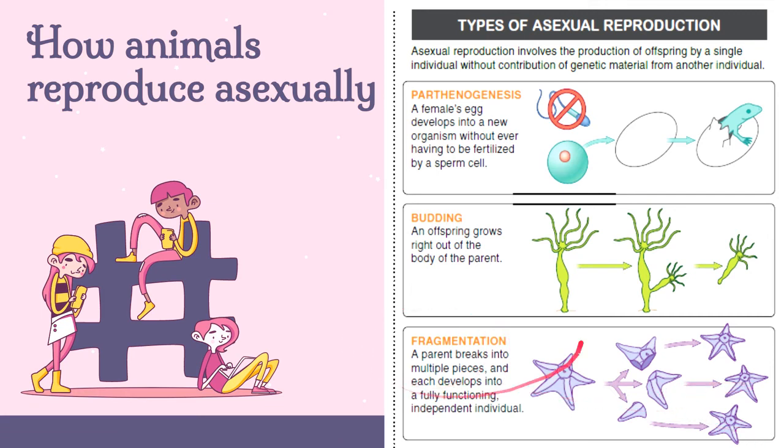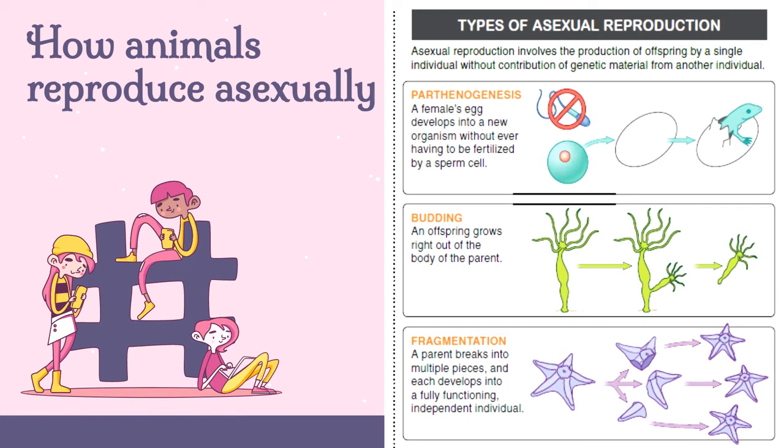Now, do not confuse fragmentation with regeneration. So regeneration is usually when lizards lose their tail, then they can regrow a tail. Okay? But the tail that was detached cannot become a whole new lizard anymore. But in fragmentation, that's possible.